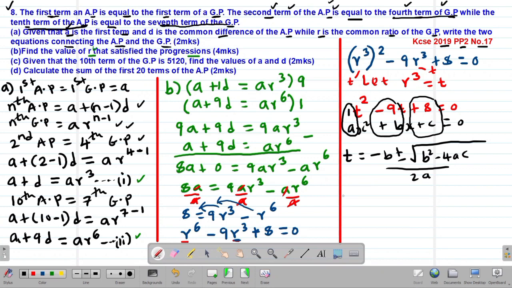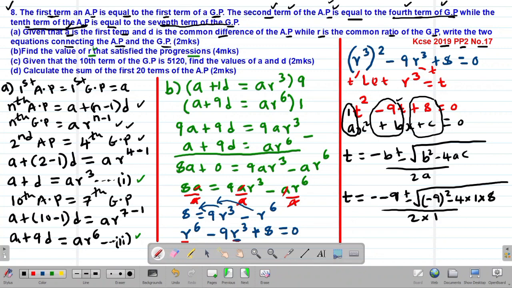So if I substitute, I'll end up with t being equal to negative b, which will be negative 9, plus or minus the square root of b squared. My b is negative 9, so this is negative 9 in brackets squared, minus 4 multiplied by a, which is just 1, the coefficient of t squared, times c, my c is positive 8, then the whole thing is divided by 2 multiplied by a, which is 1.